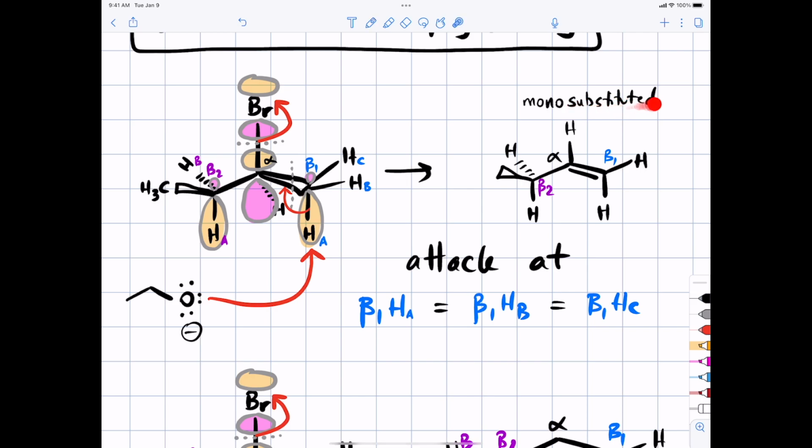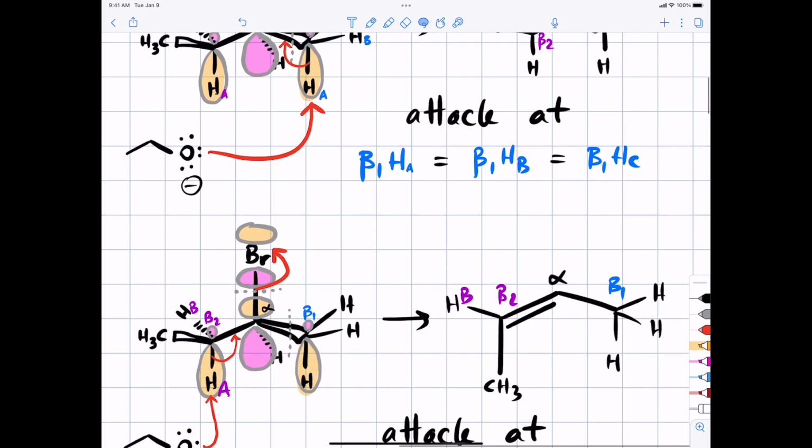Substituted here doesn't have anything to do with substitution reactions. An unsubstituted olefin would be like C2H4, like this, where none of the groups attached to the carbons of the alkene are anything other than hydrogen. If we replace one of those with a non-hydrogen thing, that's a mono-substituted olefin, and so on.